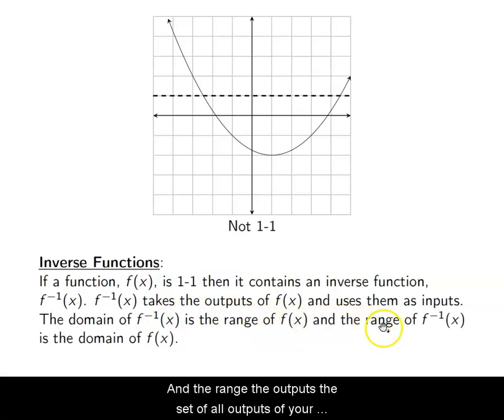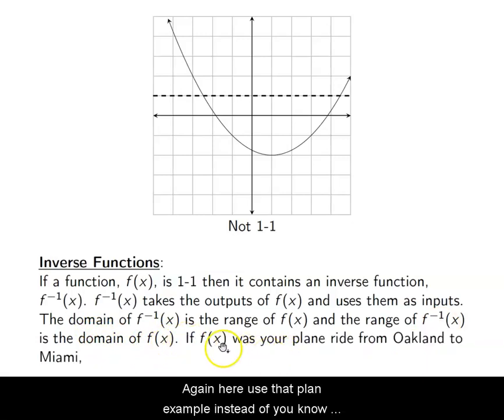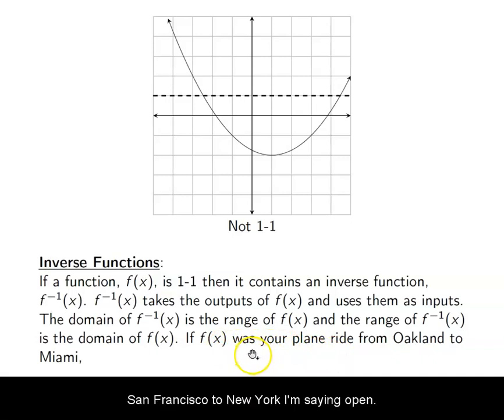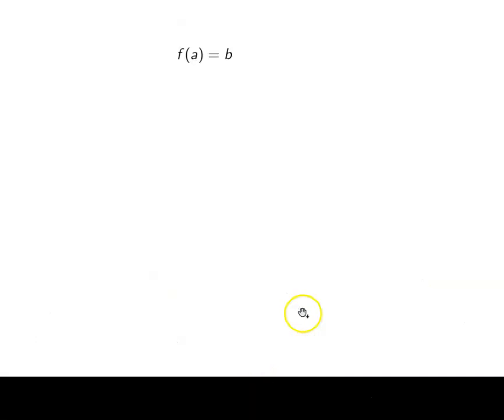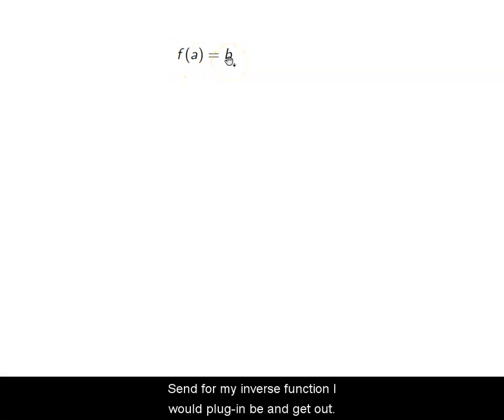And the range, the set of all outputs of your inverse, is actually the set of all the inputs of your original function. So again, here I use that plane example, instead of San Francisco to New York, I'm saying Oakland to Miami. It's the same kind of deal. If I plug in a to my function and get out b, then for my inverse function, I would plug in b and get out a.